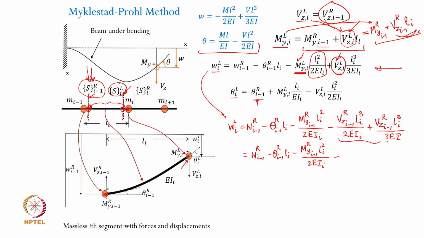In that I need to club these two, and you can show that this turns out to be V_{z,i-1}^R L_i cube upon 6 EI. That is how my displacement relationship is now uniformly brought in the form that the left side of this mass terms are related to all the terms on the right side in terms of the state variables on the right of the previous segment, and that's precisely what we want.